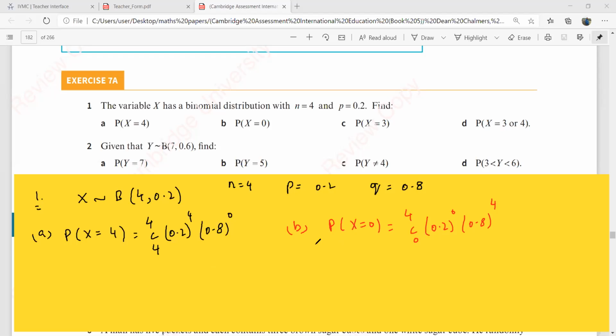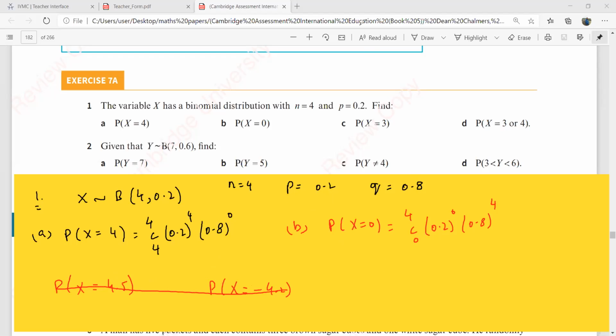You cannot be asked to find the probability that X is equal to 4.5. This will never be asked, okay? Or if it says find the probability that X is, let's say, minus 4.2. So these are the situations that cannot be asked to you, okay? The R will always be a positive integer, okay?